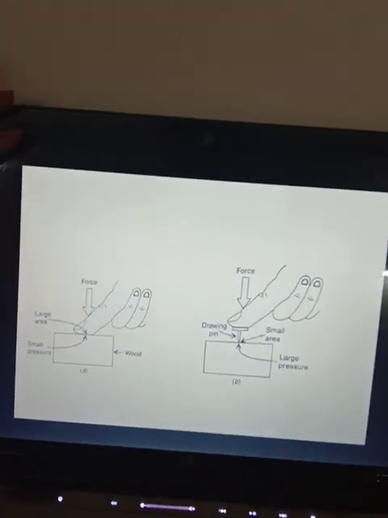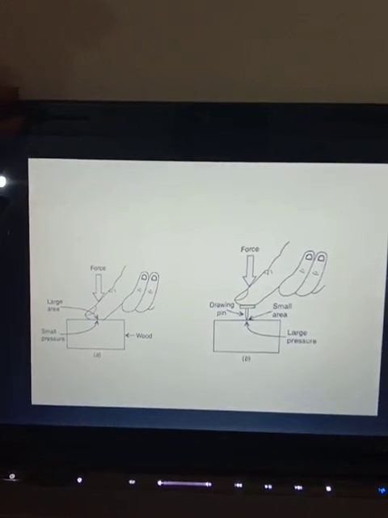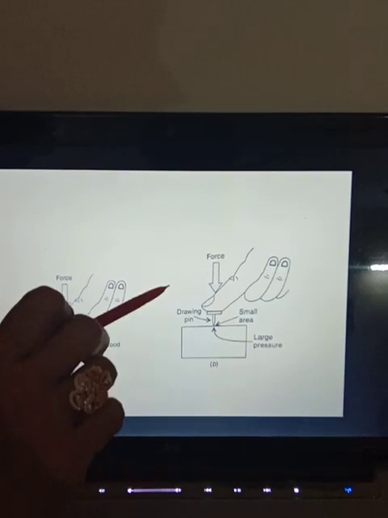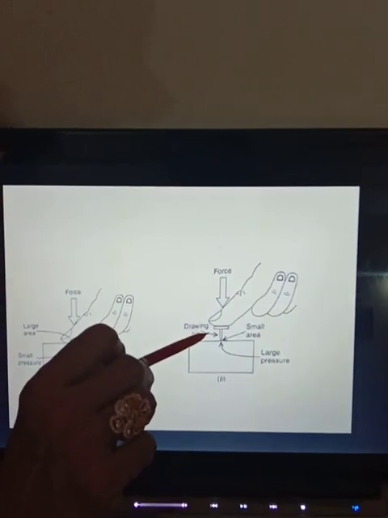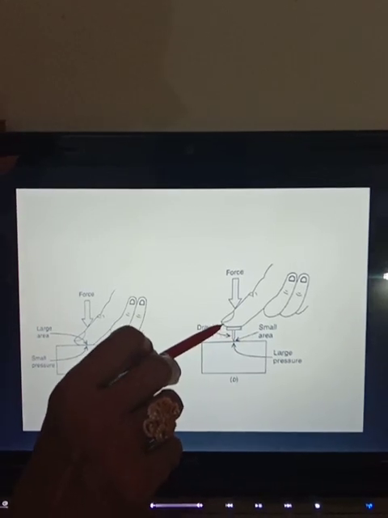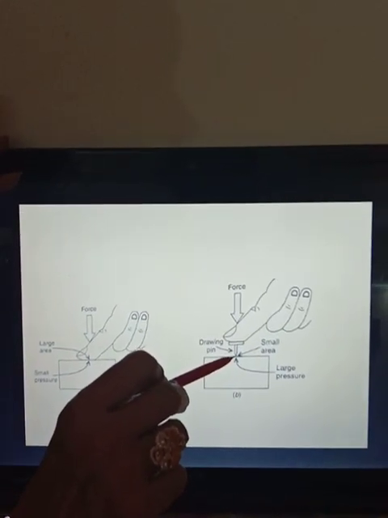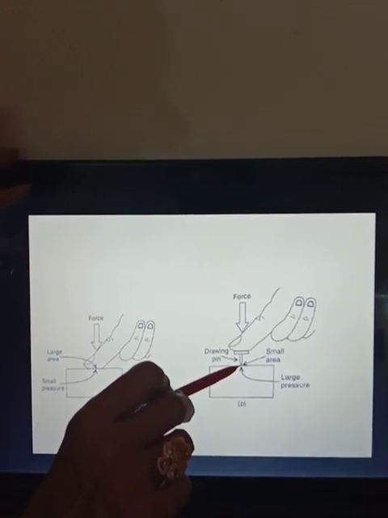Now, here I am explaining the same thing which I explained earlier. The force of the thumb is applied on this much area only. This is the force applied, and the area in contact comes out to be this because the tip of the pen is very fine.